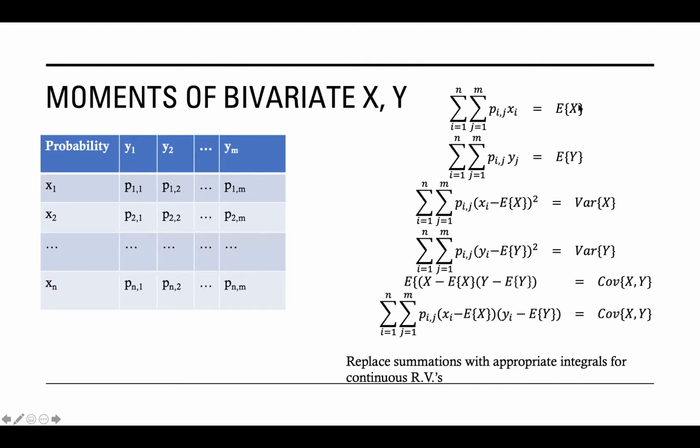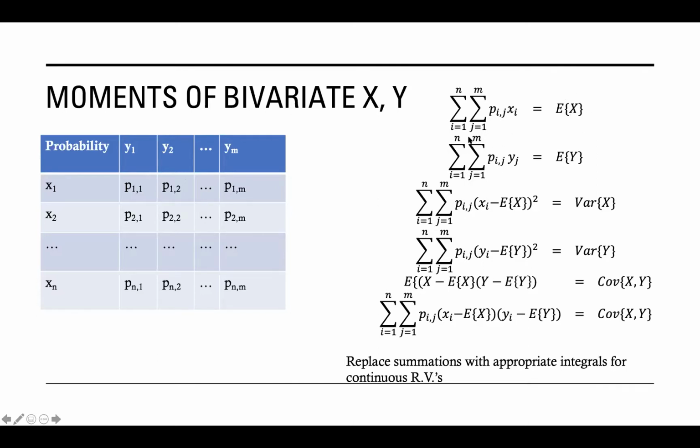So the expectation of X is each of the individual probabilities times the value of X. So it's X1 times P11 plus X1 times P12 plus X1 times P13, all the way through X1 times P1M plus X2 times P21, all n by m terms. That's the expectation of X.